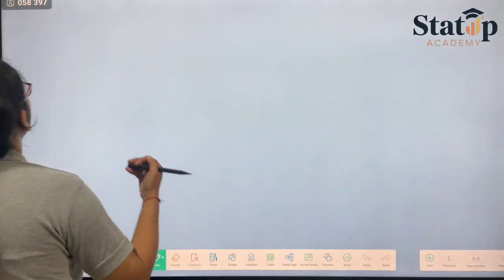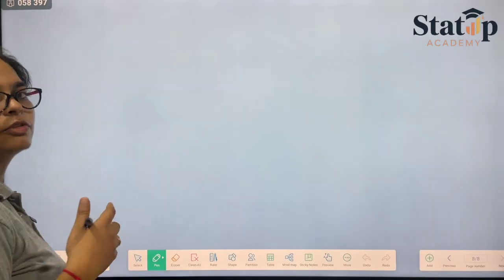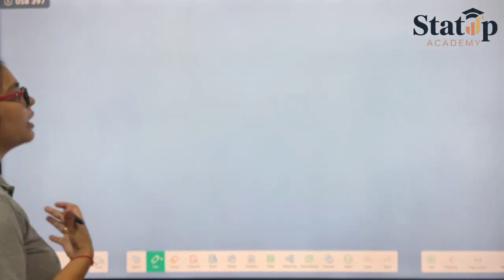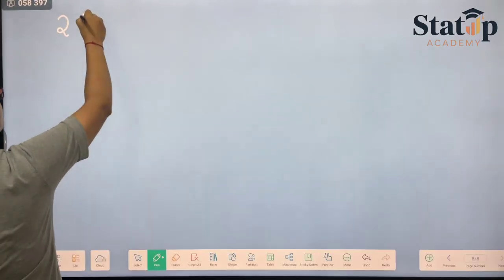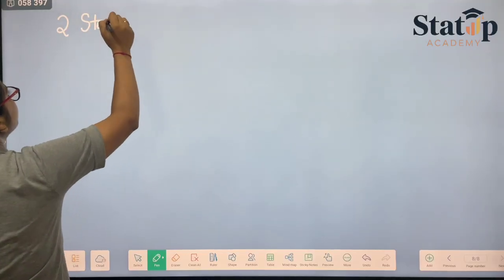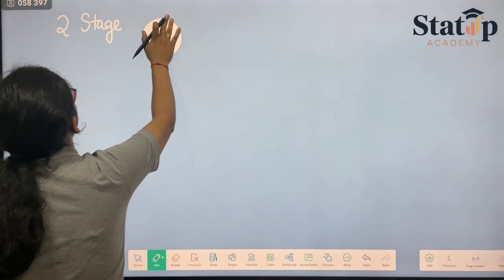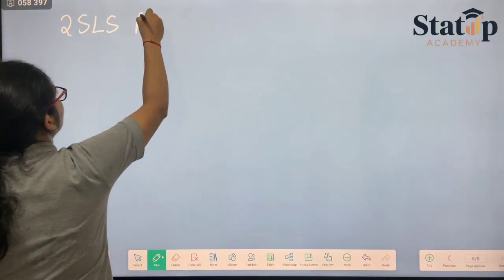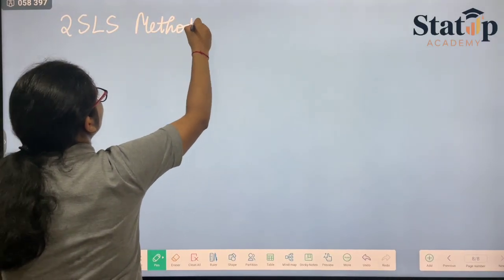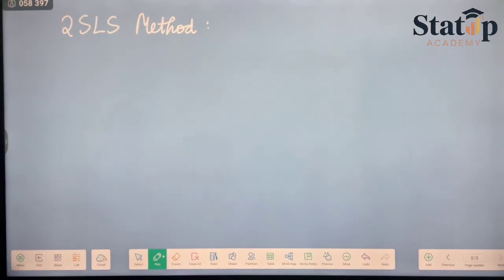Now how will we be able to resolve this problem? There is a very famous technique by using which we can solve this problem, and this technique is known as the two stage least squares, or 2SLS method.